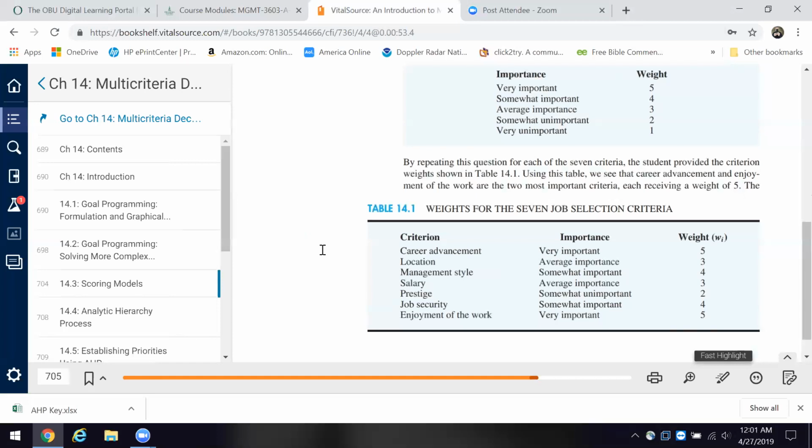You can see here that you have two competing interests weighing off against each other. You've got career advancement versus enjoyment of the work. Then you again have another tie between management style and job security.